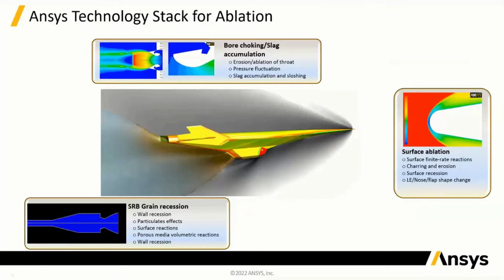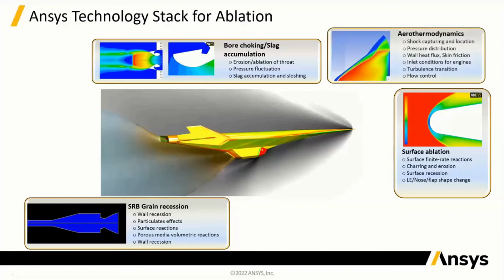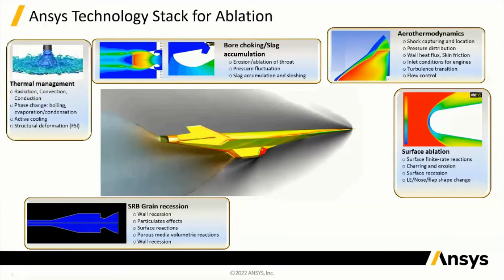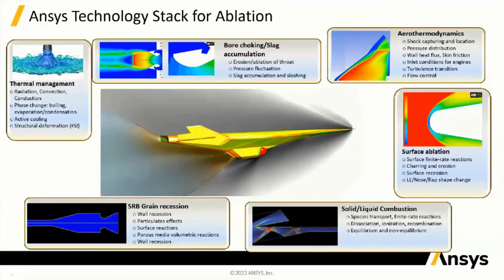So over the last 20 years, Ansys Fluent has been used to model different physics that would need to model ablation. Again, we tackled different parts, individual parts here and there, adding UDFs and specializing for special projects for different customers.